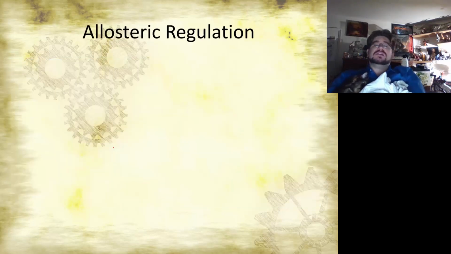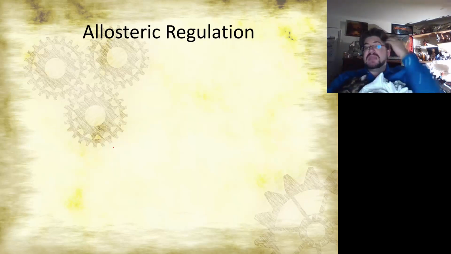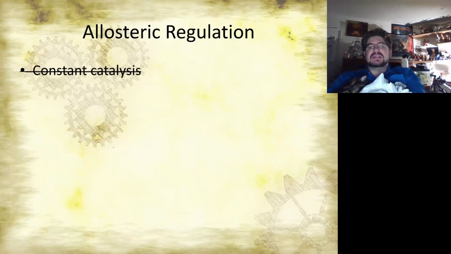Allosteric sites aren't just for shutting down enzymes and killing you. In fact, allosteric sites are a natural part of many enzymes, and they're there for a reason, and that reason is allosteric regulation. So a cell does not necessarily need an enzyme to be constantly catalyzing the substrate whenever the substrate is present.